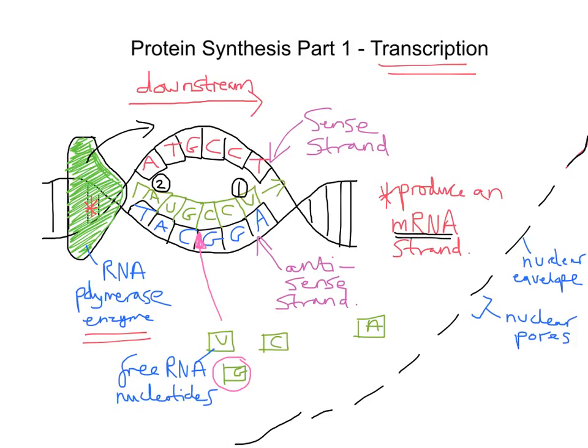Now, when RNA polymerase reaches a termination sequence, or what we call a stop codon, it detaches from the DNA and releases the newly formed RNA. So if I continue this, if I just put a little arrow from here, essentially, just to continue this part of the story.